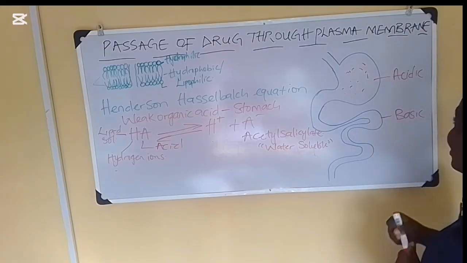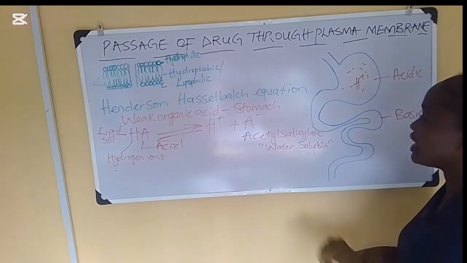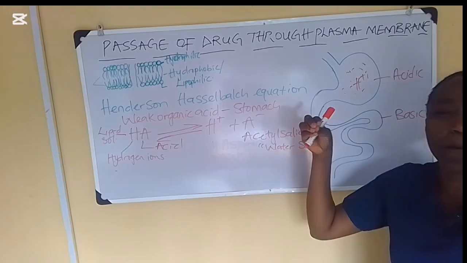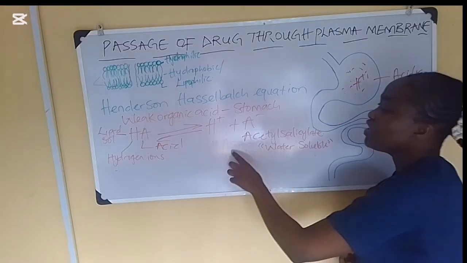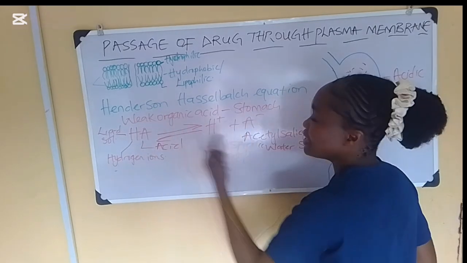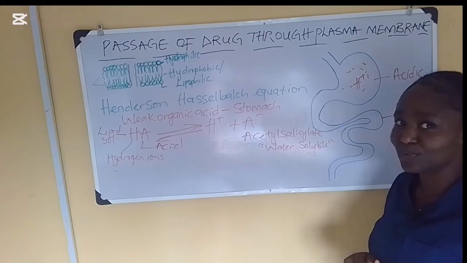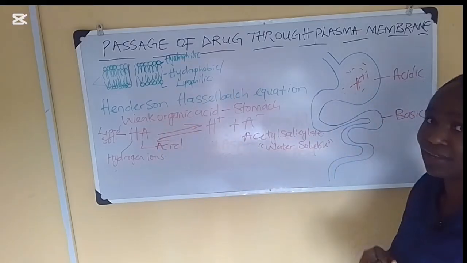So right here in the stomach there are a lot of hydrogen ions, and an aspirin would rather combine with more hydrogen ions to give off what? Higher amounts of the acetylsalicylic acid, not the acetylsalicylate, which is water soluble. So you see that an aspirin is likely to dissolve more in the stomach.